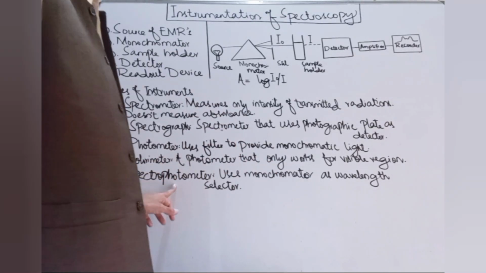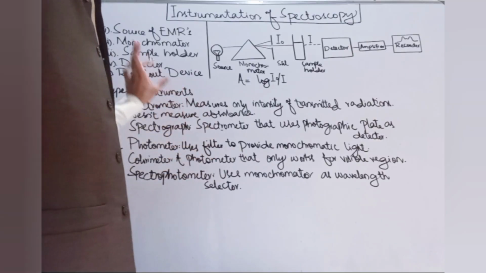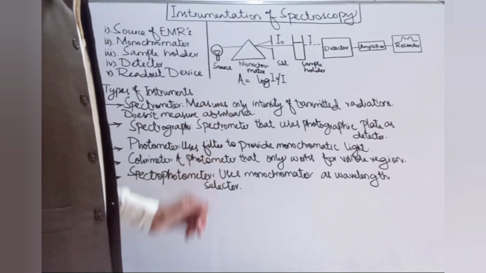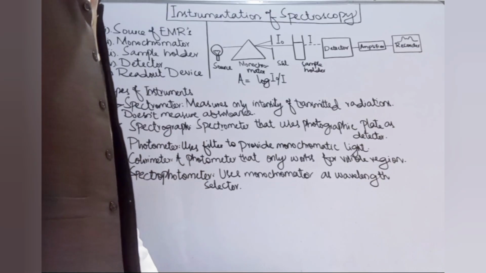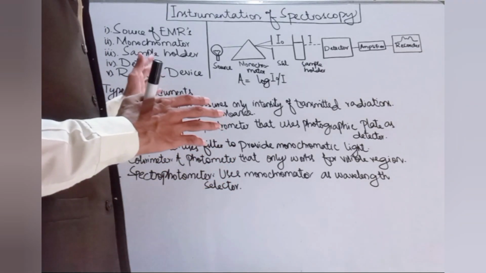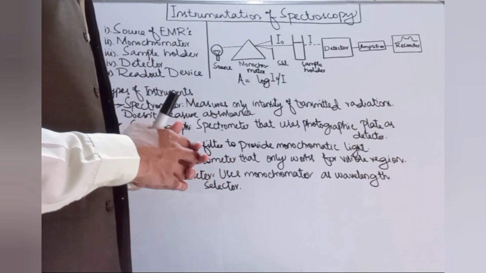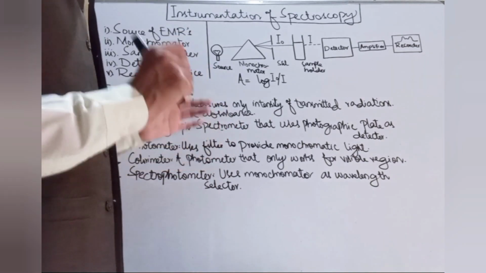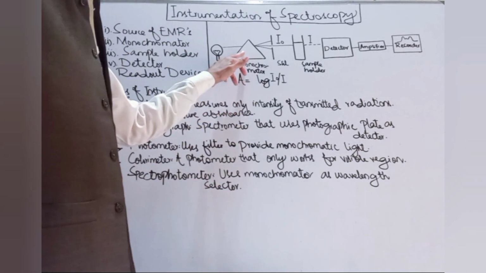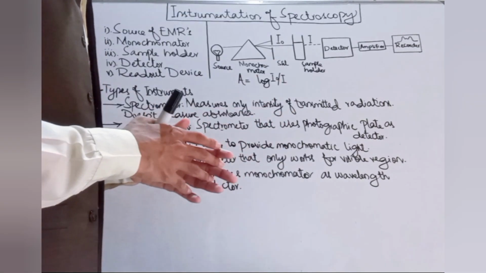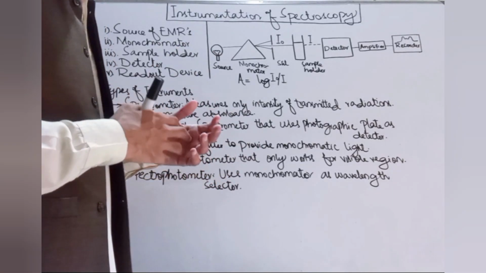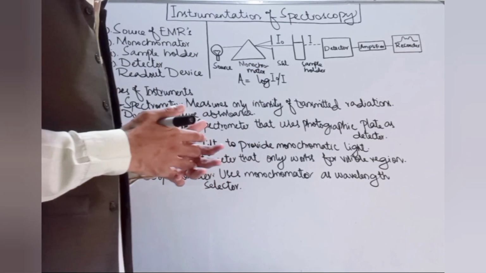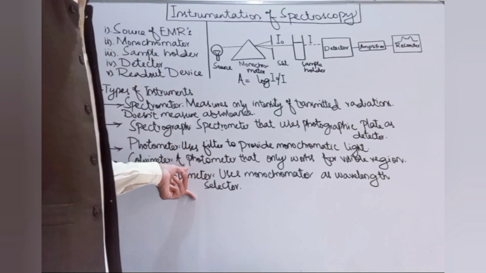And the last one is the spectrophotometer. The difference between spectrometer and spectrophotometer is very important. It uses a monochromator as the wavelength selector. Monochromators are basically the component of the instrument that act as the wavelength selector. They are mostly optical elements, like prisms, that use the phenomenon of dispersion or diffraction of light in order to get the specified wavelength.